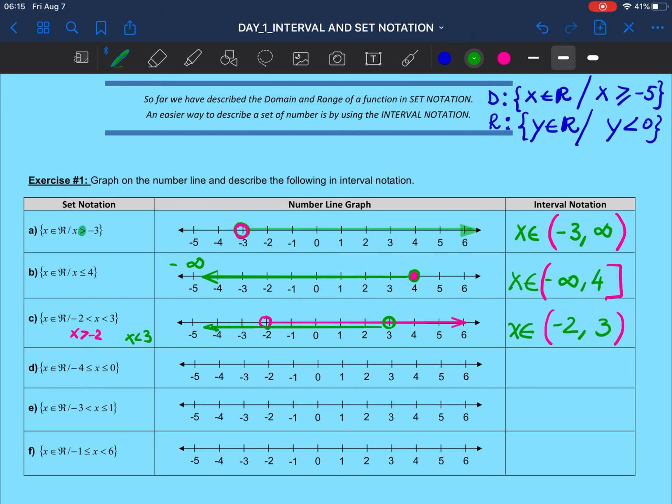So the next example, and you are more than welcome to stop the video and try it on your own, because I think you can, is x bigger than negative 4 and less than or equal to 0. So negative 4 is right here. Negative 4 is included, and all the numbers bigger than negative 4 will be to the right of it.